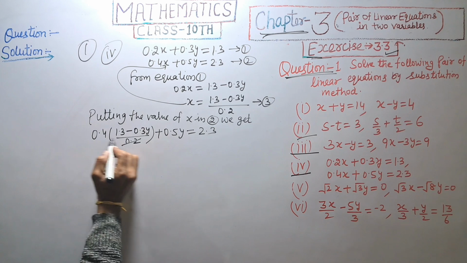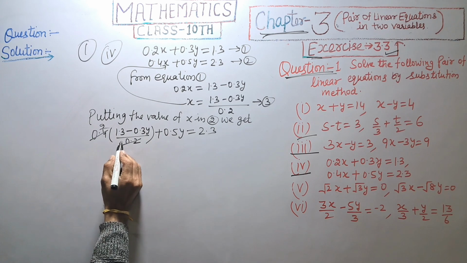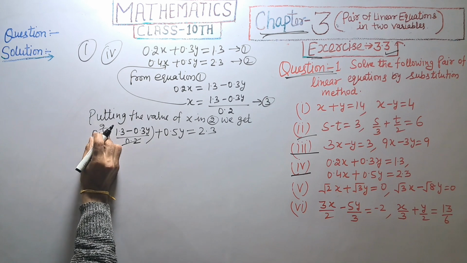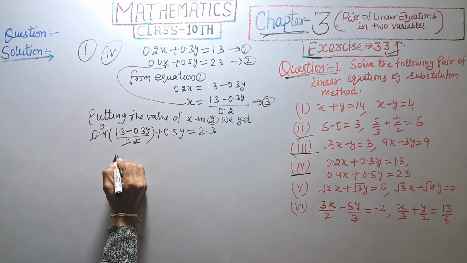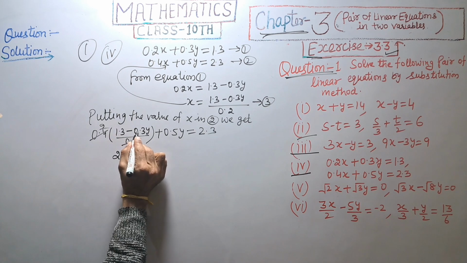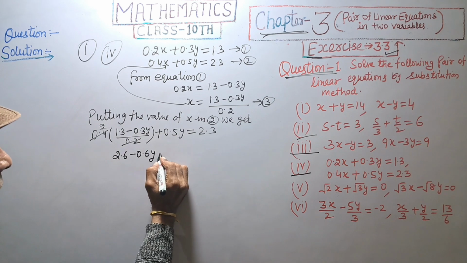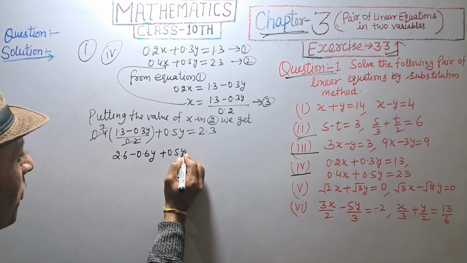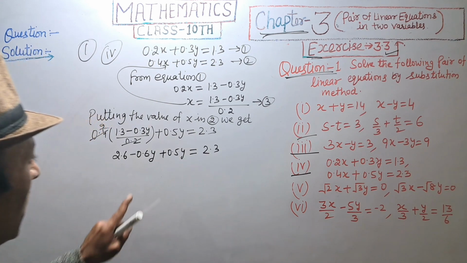And that is 2. 0.4 divided by 0.2 is 2 times, and 2 multiplied by 1.3, that is 2.6, and 2 multiplied by 0.3, that is minus 0.6y plus 0.5y is equal to 2.3.